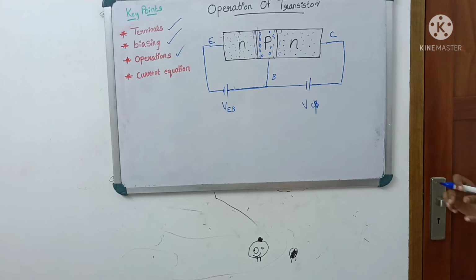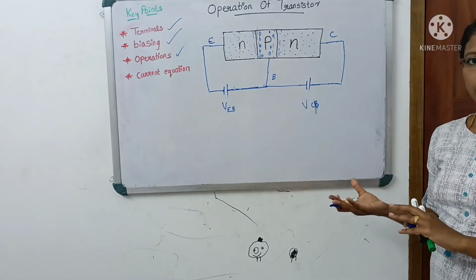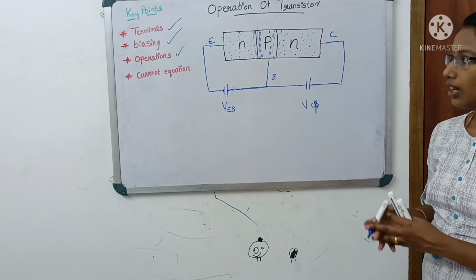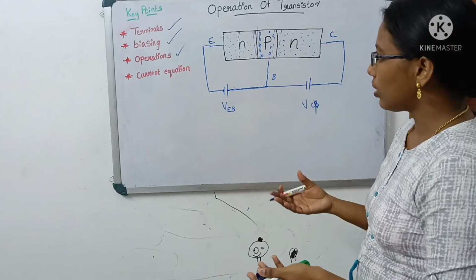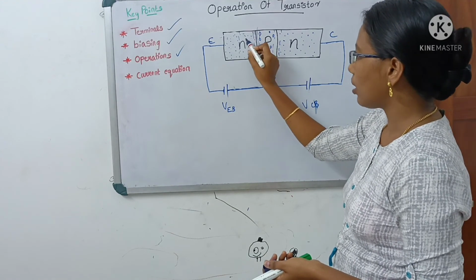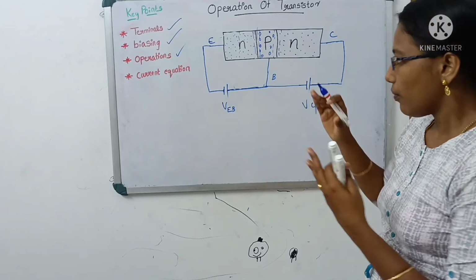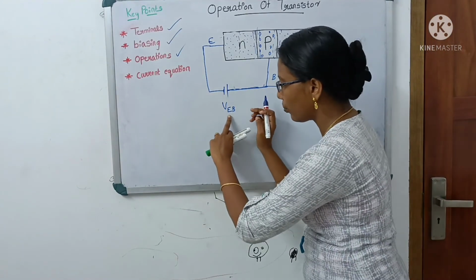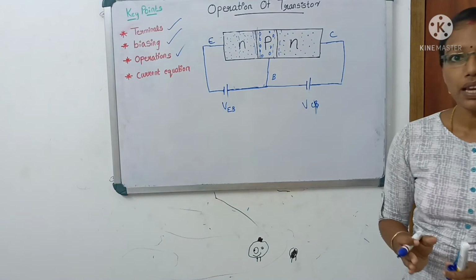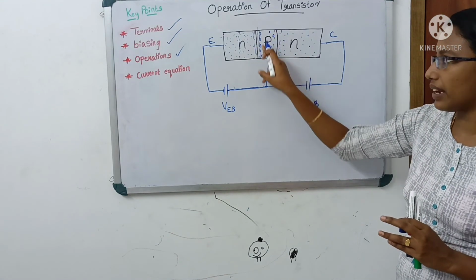So we are applying biasing, operating in the normal condition of a transistor. We already discussed that in the N region the majority charge carriers are electrons. When we apply the battery VEB, it should be higher than the value of the barrier potential.